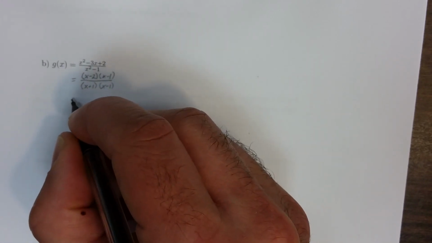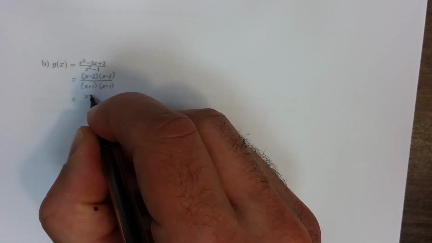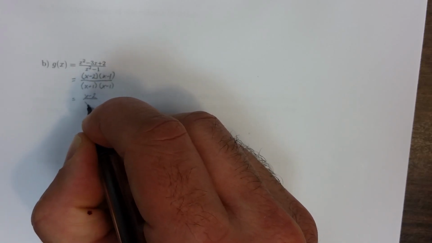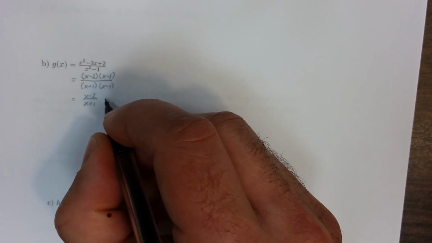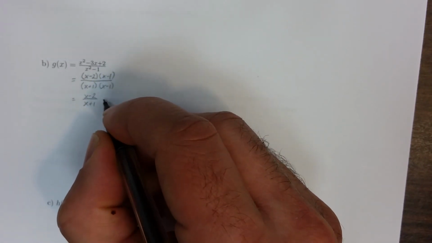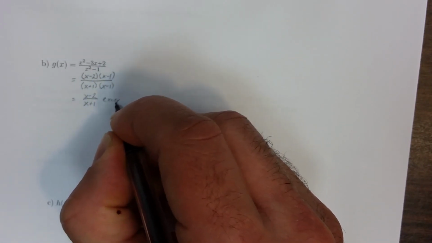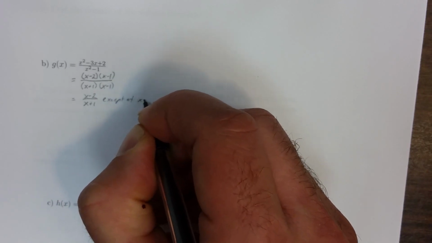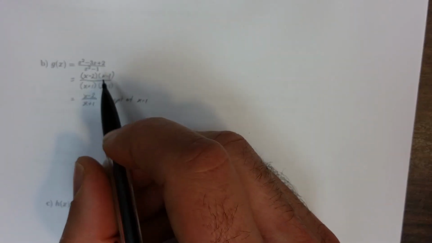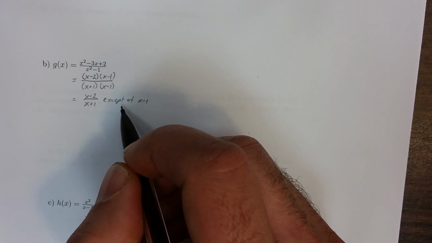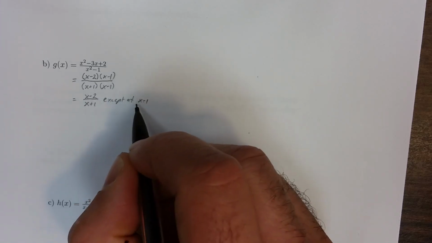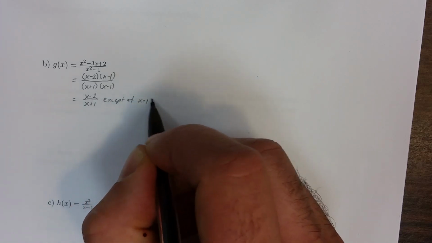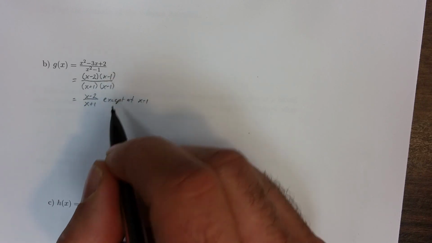So if we write this as equal to x minus 2 over x plus 1, we definitely have to put a caveat there to make it true, except at x equals 1. Now we've radically simplified this thing. So we can already see that this curve has a hole in it at x equals 1. We were able to cancel this.